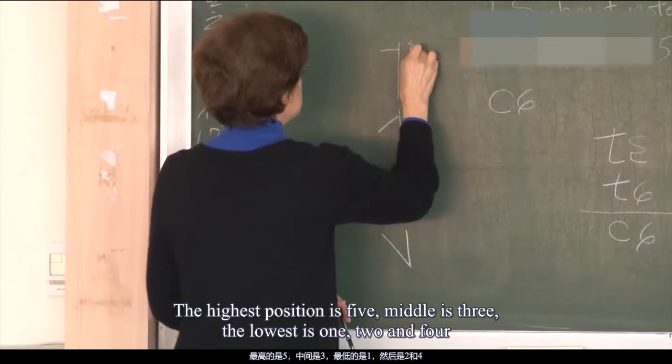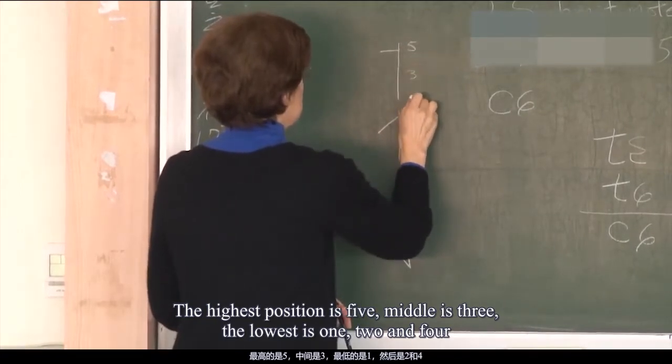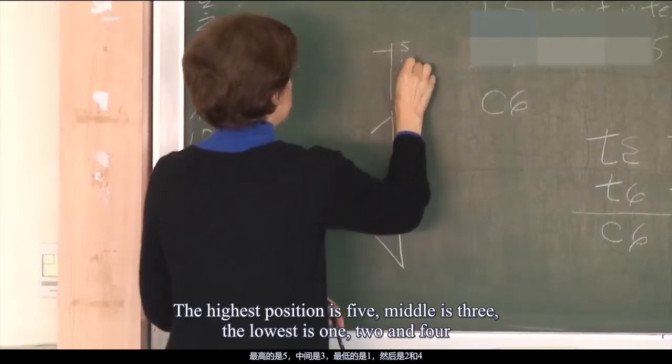These all have places. The highest position is 5, middle is 3, the lowest is 1, 2, and 4.